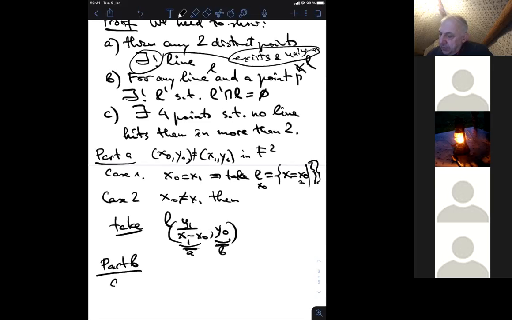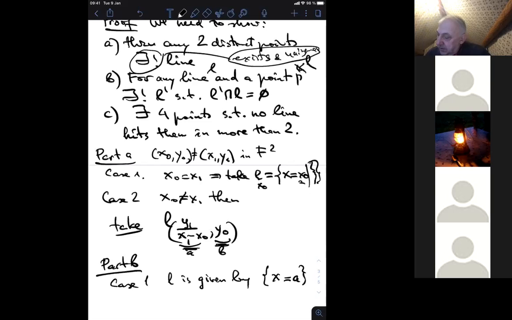Again, we have to consider 2 cases. In the first case, say L is given by x equals some number A. So this is of the second type.